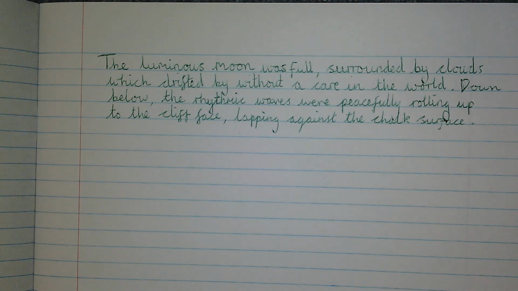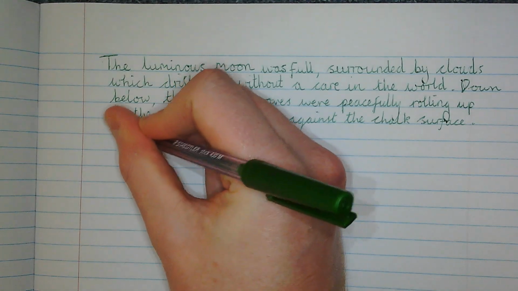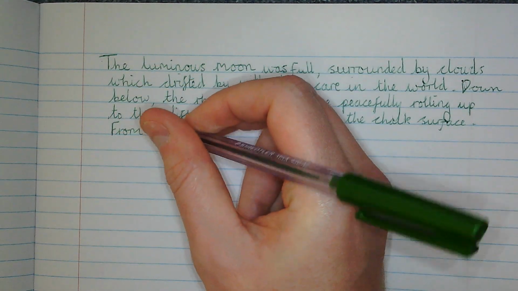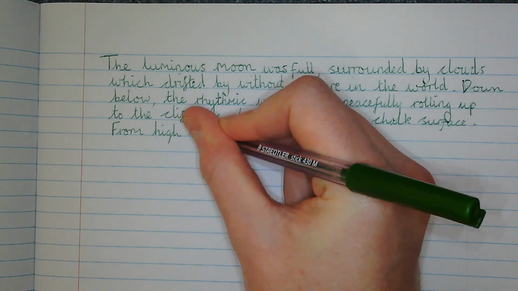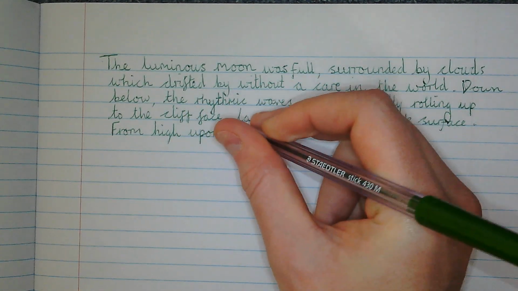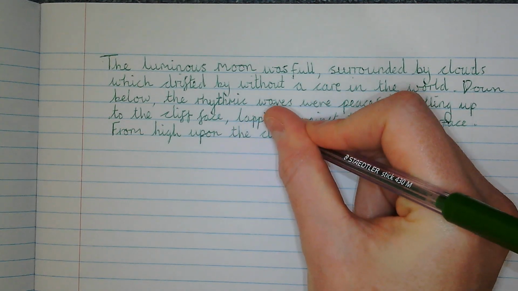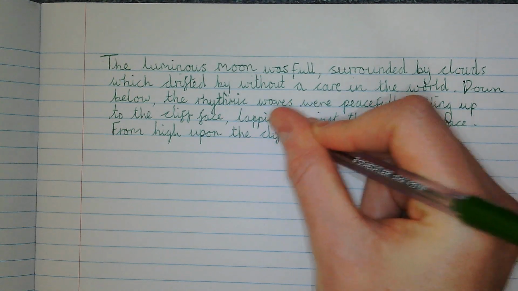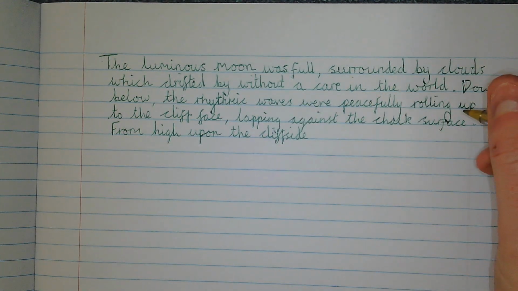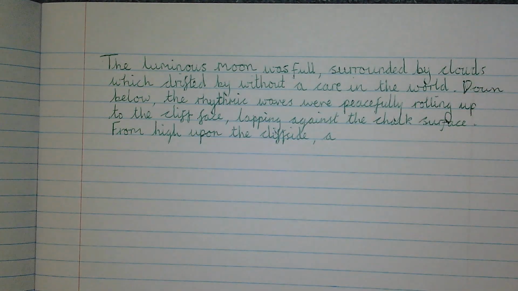So now I want to get us up to the lighthouse. So now I'm going to say, from another prepositional phrase, from high upon the cliffside. Now I'm going to talk about the lighthouse.